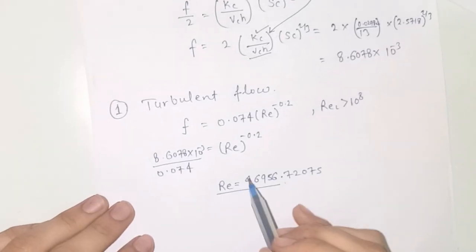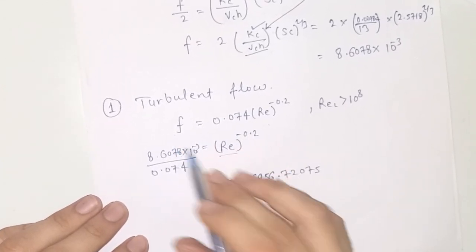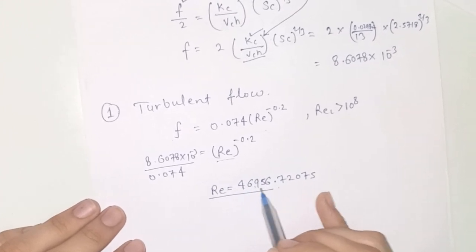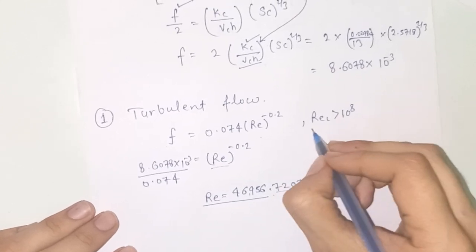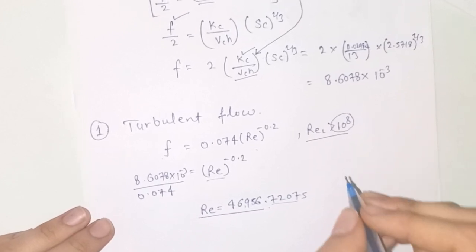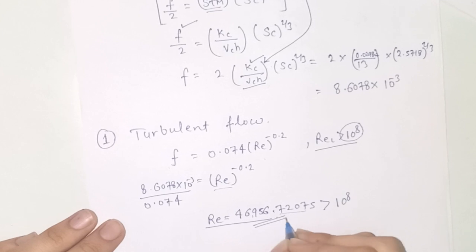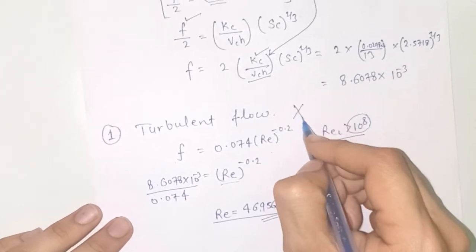We have calculated the Reynolds number using this relation, because we know the friction factor, and we got the Reynolds number as 46,956 point something. But we assumed the Reynolds number is in the turbulent region, that it should be greater than 10^8, but this is very less. This is in the region of laminar flow. So our assumption is completely wrong.